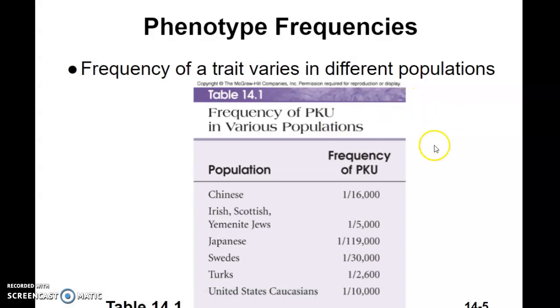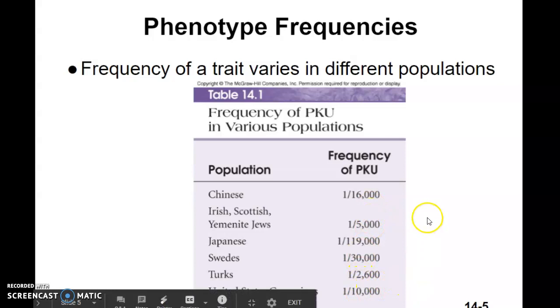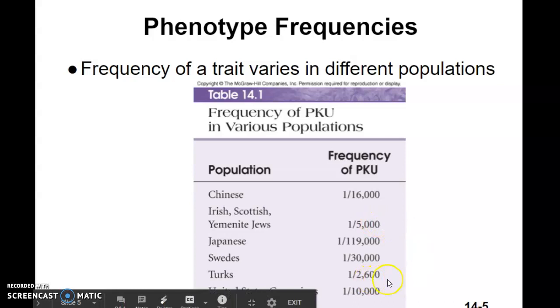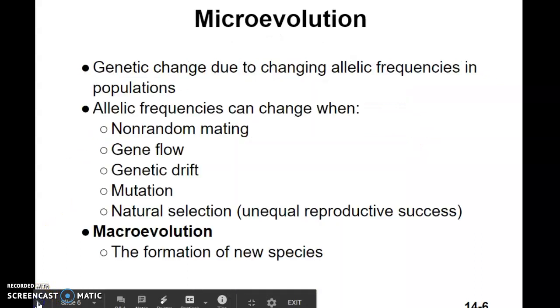If we look at the groups here, we can see that among the Chinese, 1 out of 16,000, Swedes, 1 out of 30,000, so fairly rare. Japanese, almost non-existent, 1 out of every 119,000, a pretty rare gene. Among the Irish, Turks, and United States, it gets a little higher. So those genes are in those populations more frequently.